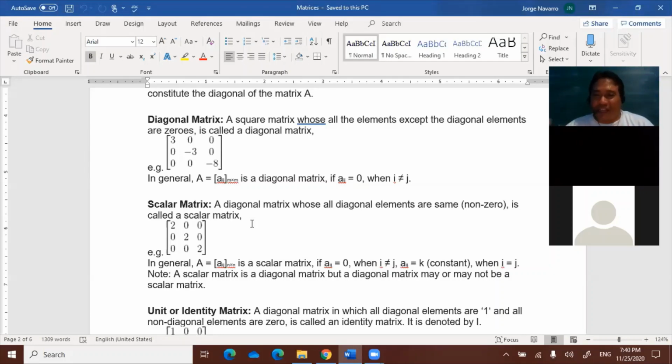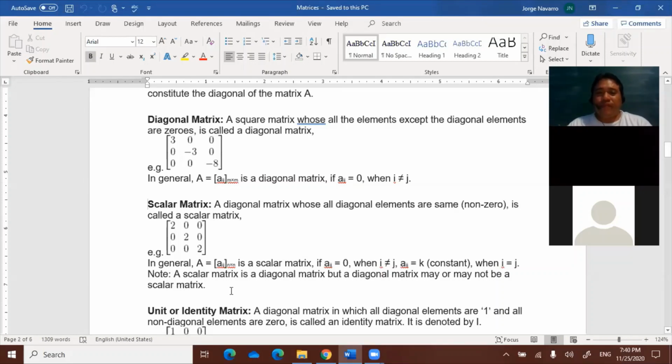That's called a diagonal matrix. Then a scalar matrix is a square matrix that is a diagonal matrix, but the diagonal has to have the same digit over and over again. All right? Notice here, 2, 2, and 2. So in a scalar matrix, that number has to be the same.